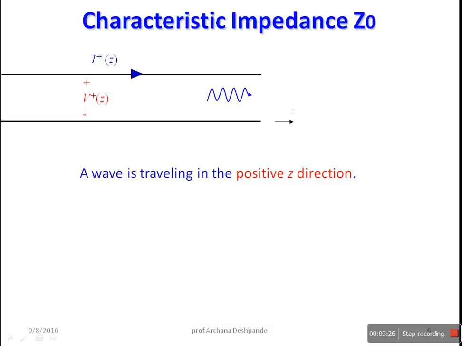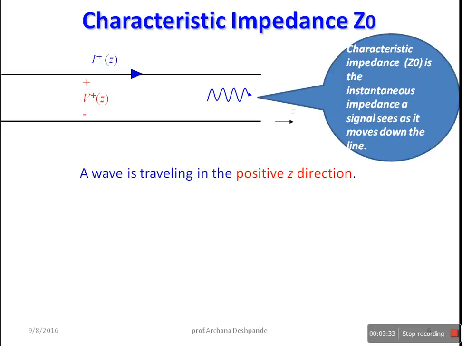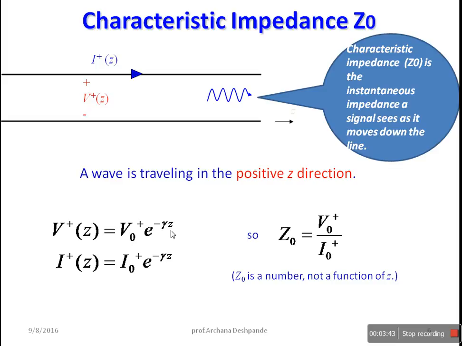Now let us see what is characteristic impedance Z0. As the wave propagates in the Z direction, it experiences some kind of opposition as it moves down the line, and that opposition is called the characteristic impedance, written as Z0. If I consider the equations of voltage and current for a positively flowing wave, then the ratio of these two equations gives me Z0.